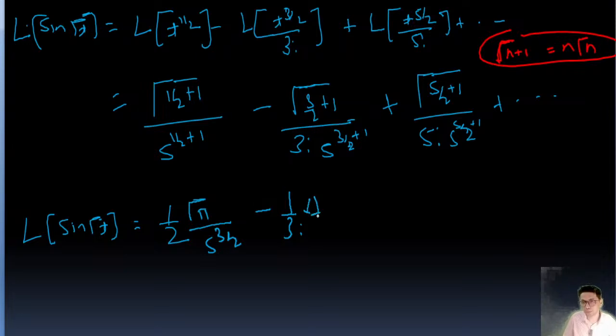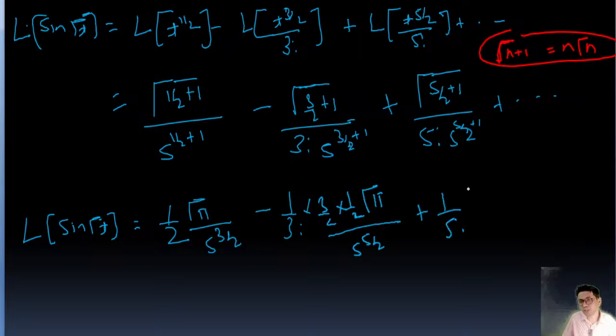So this is going to be 1 by 3, 3 by 2, into 1 by 2 root pi upon s to the power 5 by 2. Similarly, 1 upon 5 factorial, gamma 5 by 2 plus 1 means 5 by 2 gamma 5 by 2, right? Gamma 5 by 2 is 3 by 2, 1 by 2, root pi, upon s to the power 7 by 2.